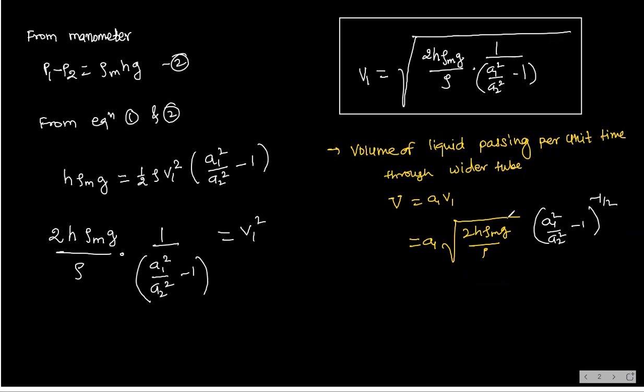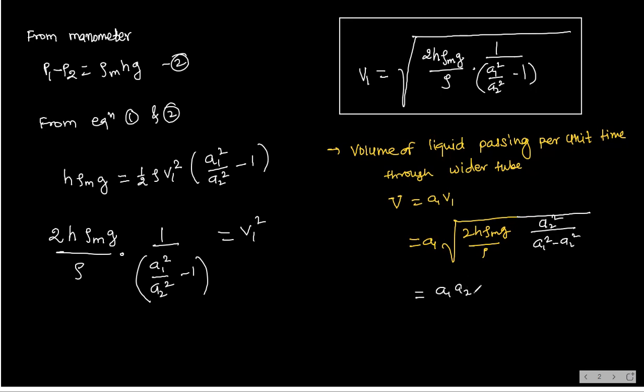Okay, clear? Or else, if you don't want it like this, you take the LCM also and substitute. So you will get something like this: under root of 1 by A1 square minus A2 square, and this A2 square will come up. So that's why this is A2 square by A1 square minus A2 square. Clear? Any doubt? So this A2 I am taking outside.